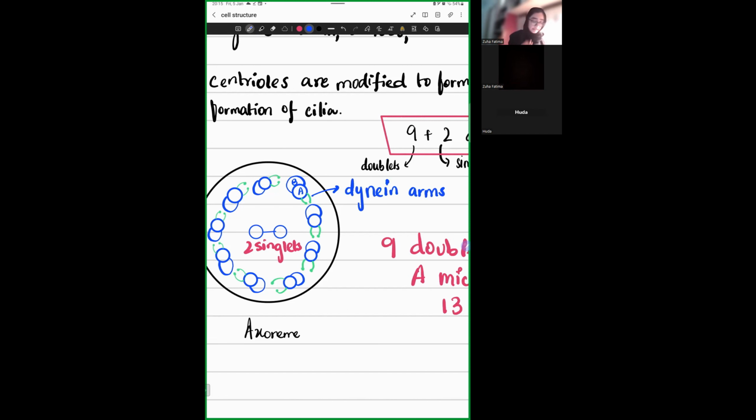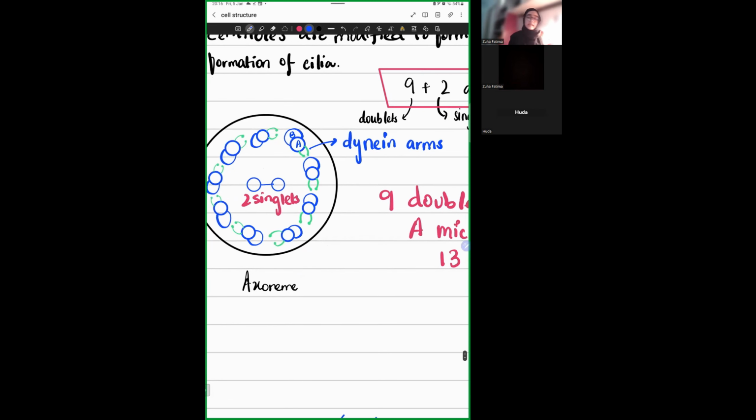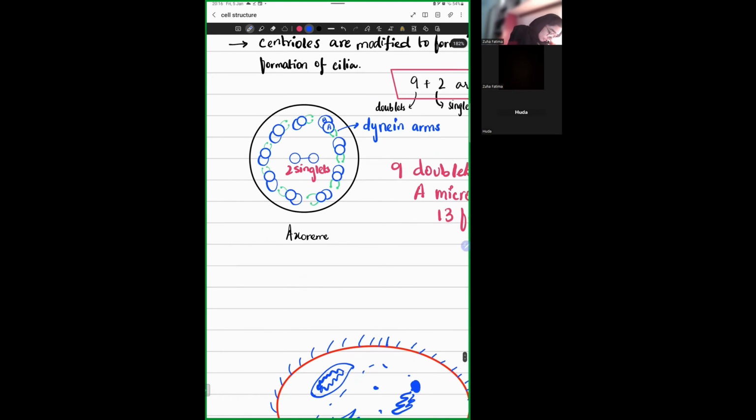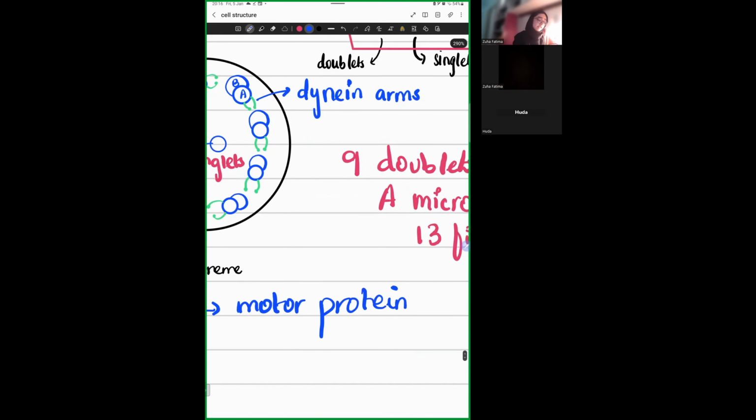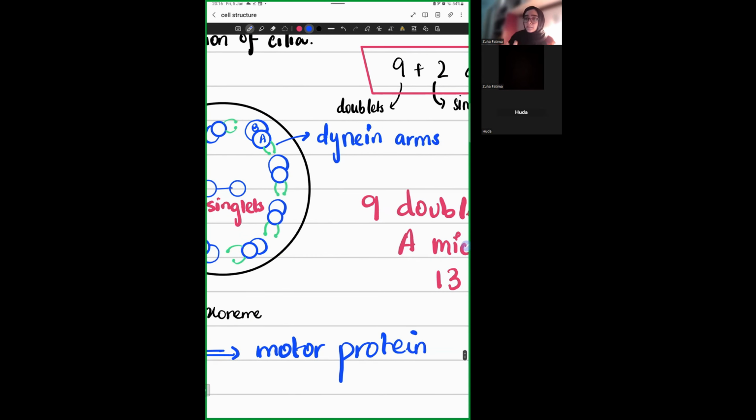Now, what is dynein? Dynein is basically a protein. Okay? Dynein is not just any protein, it is a motor protein. Now, just in a bit, I will explain what a motor protein is, but let's just focus on the structure first. So basically, every complete microtubule has dynein arms.